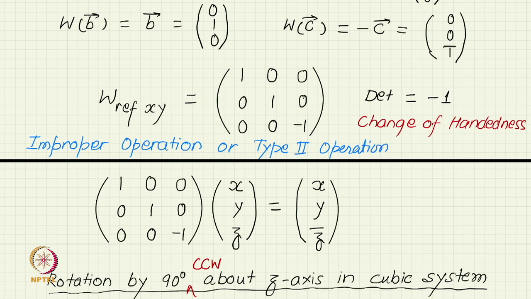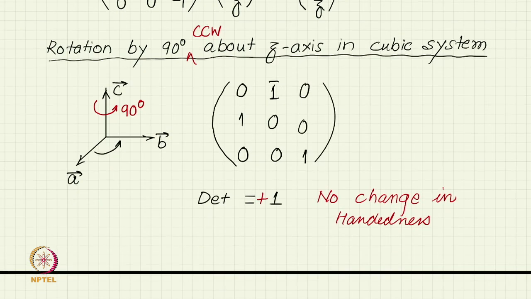So, this is just the definition, that an operation which changes handedness, that is whose determinant will be minus 1, is an improper operation or a type 2 operation. The one which does not change handedness is a type 1 or proper operation.